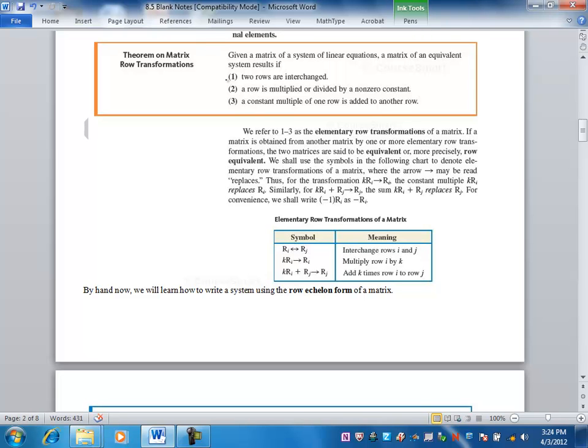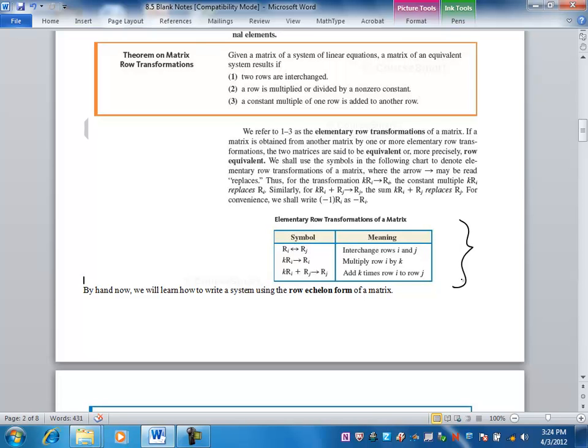Thus, for the transformation kr sub i replaces r sub i, the constant multiple kr sub i replaces r sub i. In other words, guys, we're going to use this notation to help us keep track of what we're doing as we transform a matrix from one look to the next.